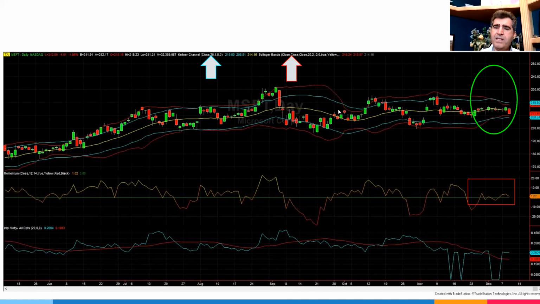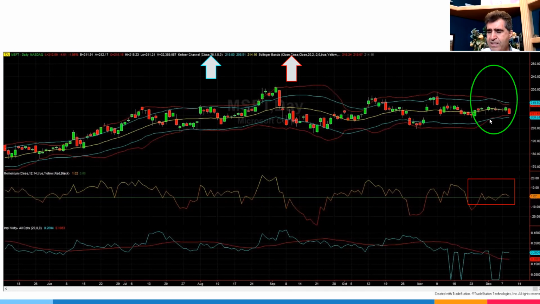The whole idea is that when the volatile bands, the Bollinger, are resting inside the Keltner channel, which is the more stable one, that means this is quiet time. There is something coiling, something is going to happen. In this case with Microsoft, you can see the Bollinger Band, which was outside, has crossed and come inside the Keltner channel.